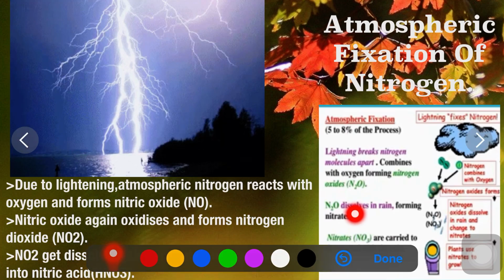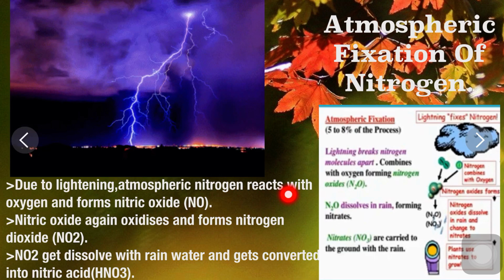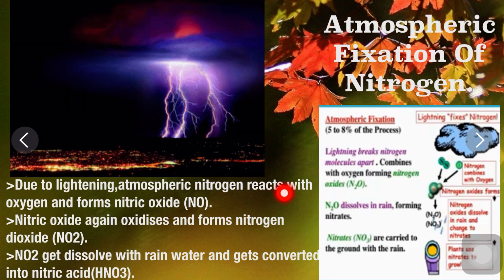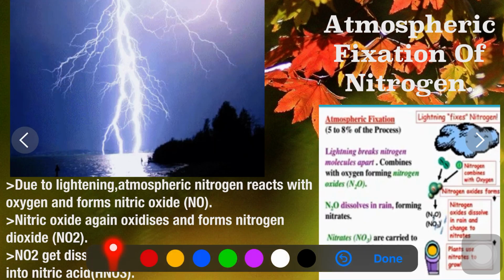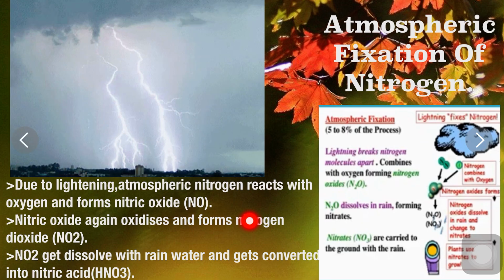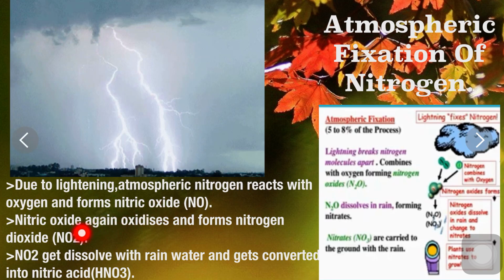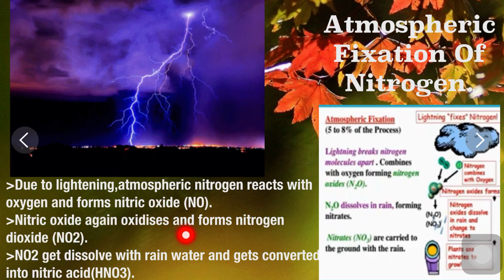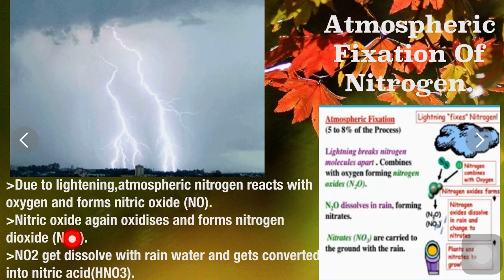Students, do you know lightning, which is also called thunderbolts, occurs in the rainy season? It causes atmospheric nitrogen and oxygen to react with each other to form nitric oxide, that is NO, which is again oxidized to form nitrogen dioxide, which is NO2.